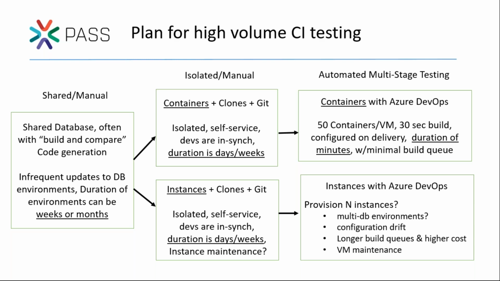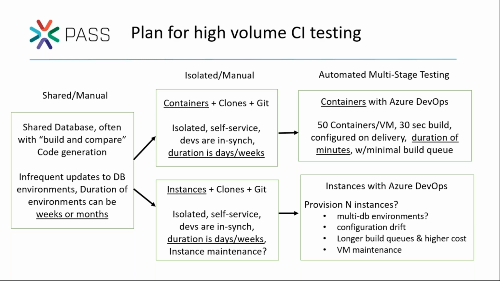But when you take the additional step of moving to an automated multi-stage testing environment, which is what you're going to be doing with Azure DevOps, that's when scalability really comes to the fore and speed of the build process. And this is really where containers become a clear advantage over instances.